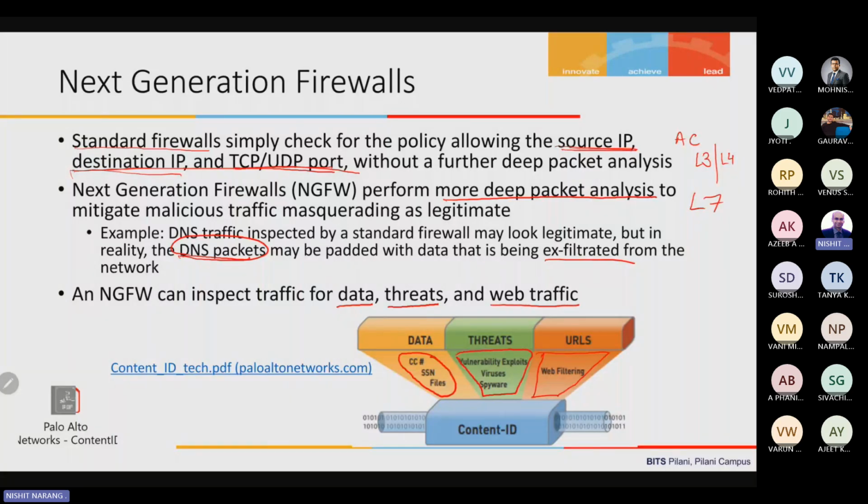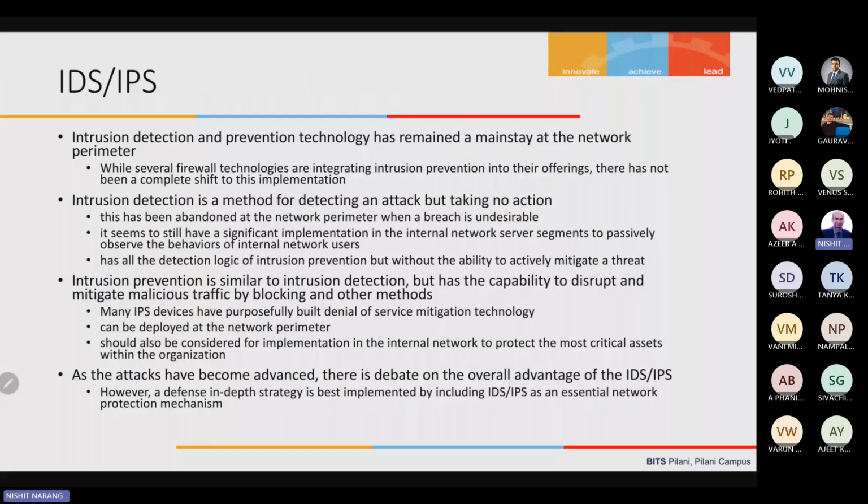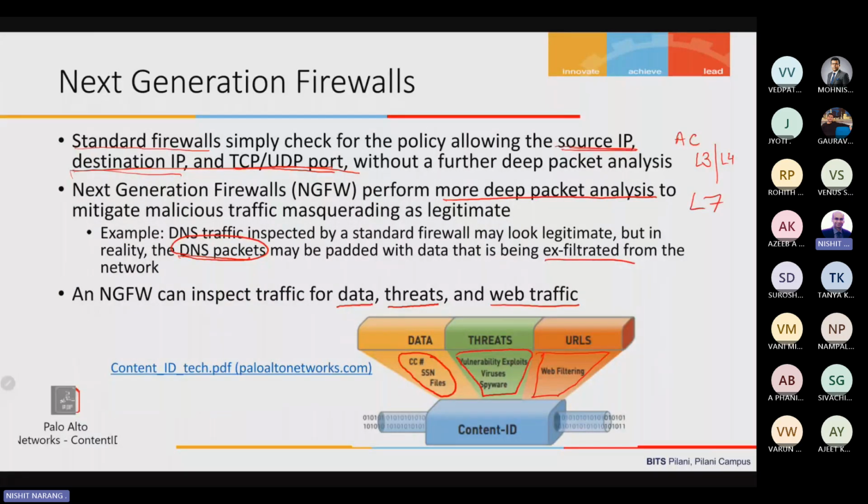An example, as Jyoti has also mentioned, is Palo Alto's next generation firewall called Content ID. If anybody is interested, you can go and read their website as to how it is implemented. But the idea is to build a next generation firewall without highly impacting the performance.